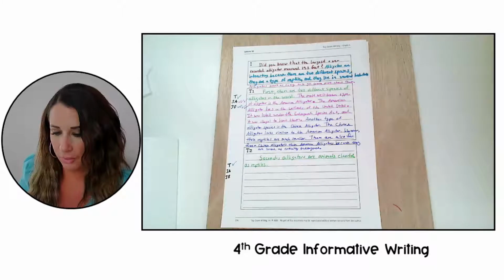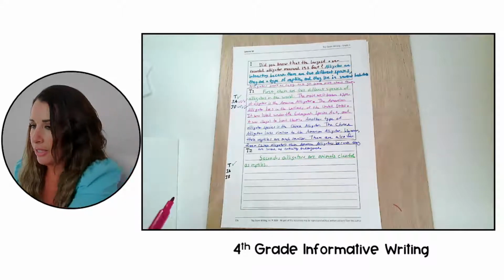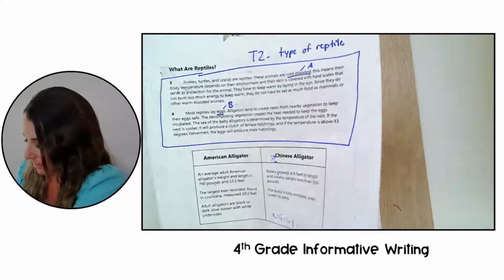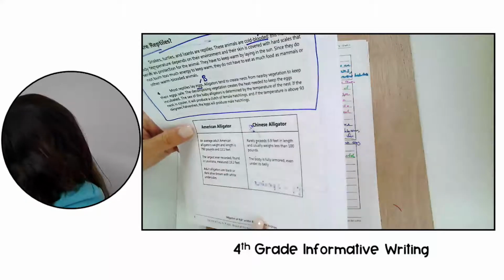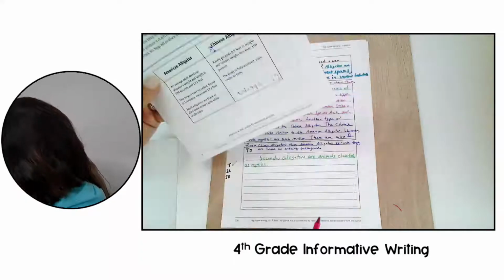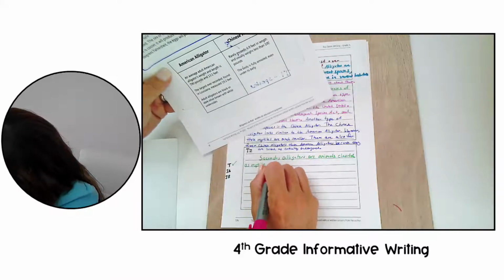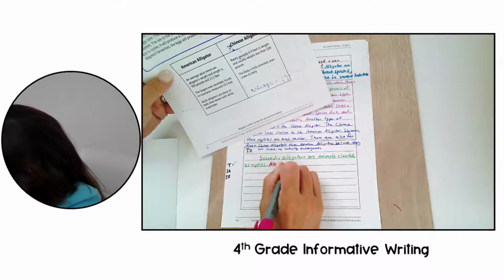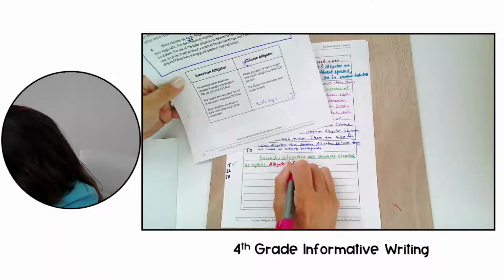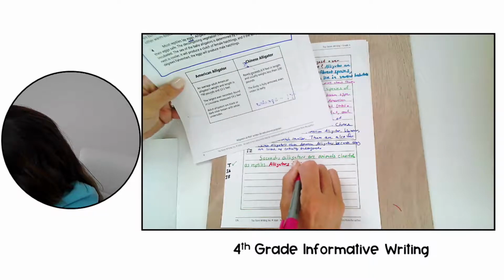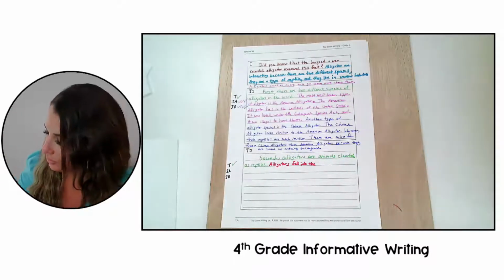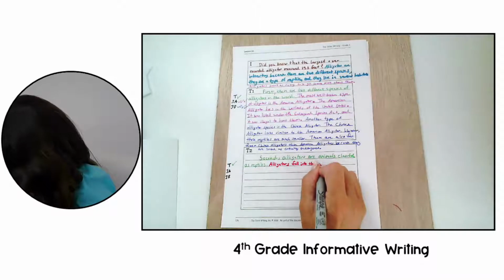So I'm going to go to my passages, and I can see right here, this is where my T2 is, that they're a type of reptile. I can see where my A is, and my A is cold-blooded. So first I'm going to tell my reader what A is. I'm going to say alligators fall into, this marker's too big, I'm going to change this one.